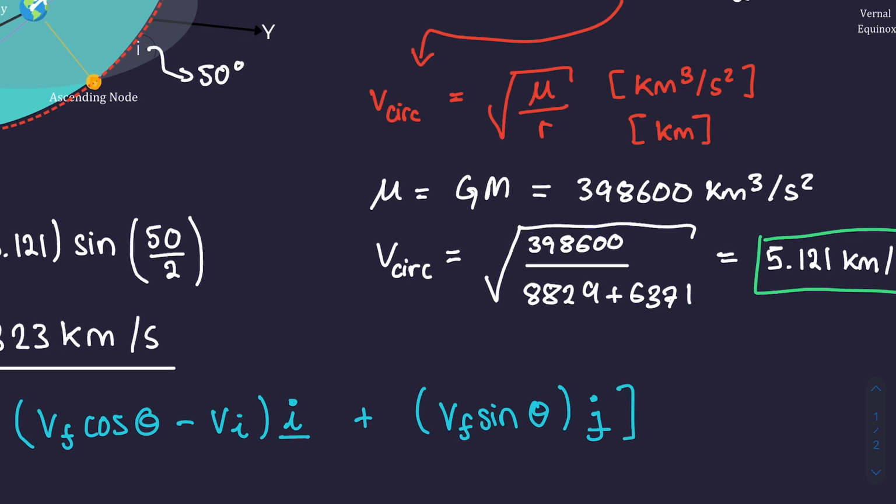In this case, we need to consider that we're moving down 50 degrees. The plane changes, we're not increasing our inclination, but we're decreasing our inclination. So in this case, theta is going to be negative.